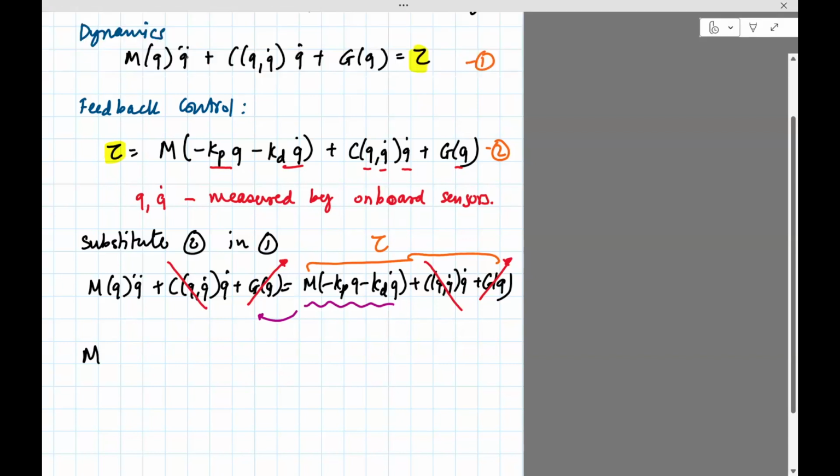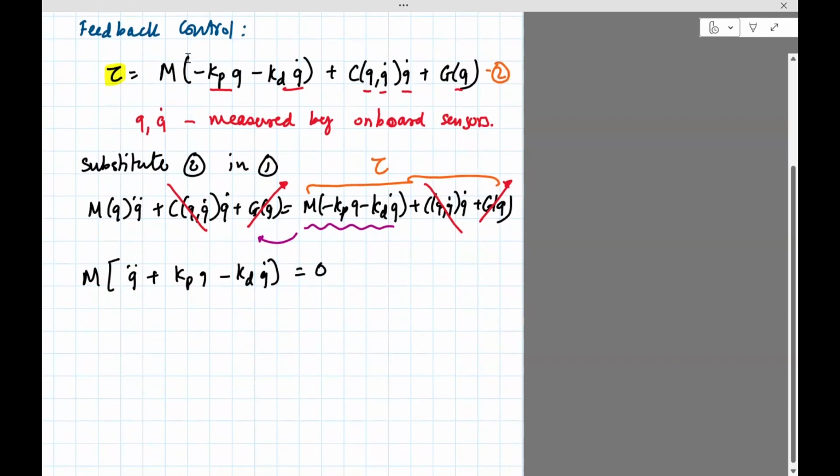So I can write M in brackets Q double dot plus KP Q. Okay, so we have an equation which says M times that whole thing equals 0.